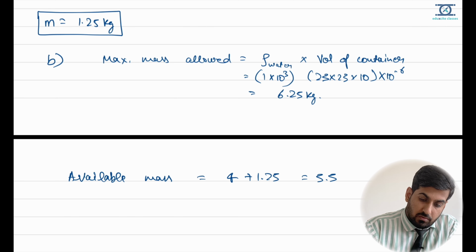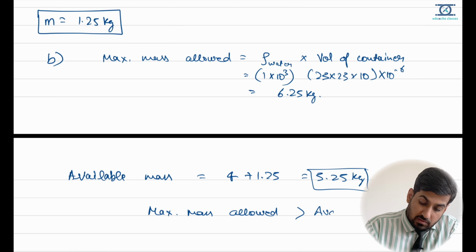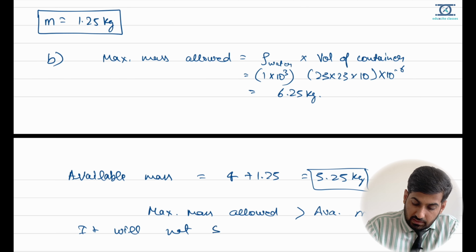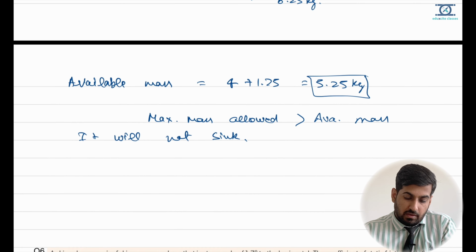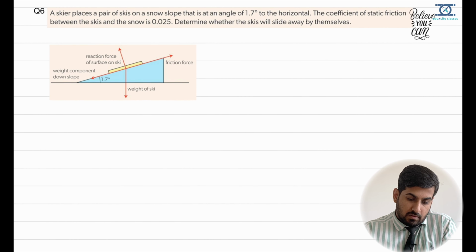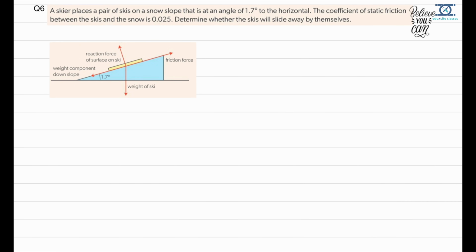So the maximum mass allowed is greater than the available mass, therefore it will not sink. So this is how we can say. Now try question number 6. Pause the video and solve.